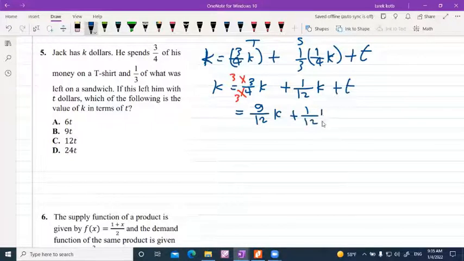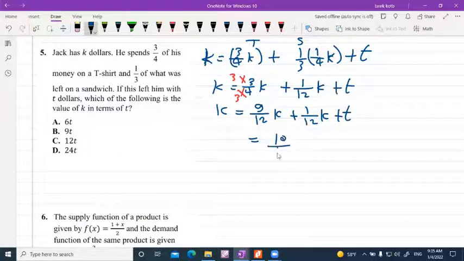Now this will be 9 over 12K plus 1 over 12K plus T, and this is K, so this will be 10 over 12K plus T, and this is K.